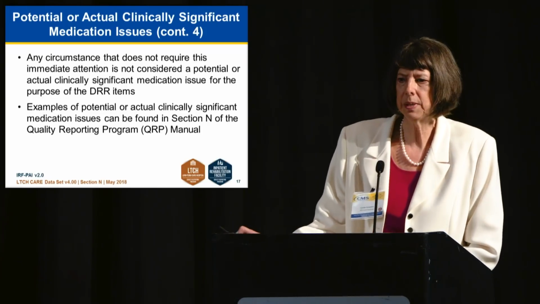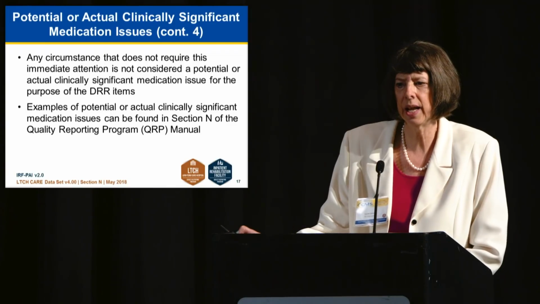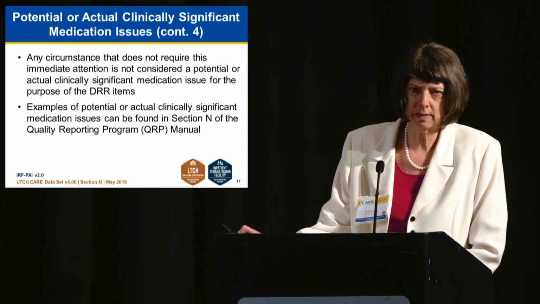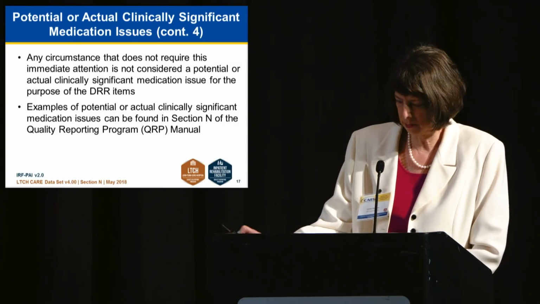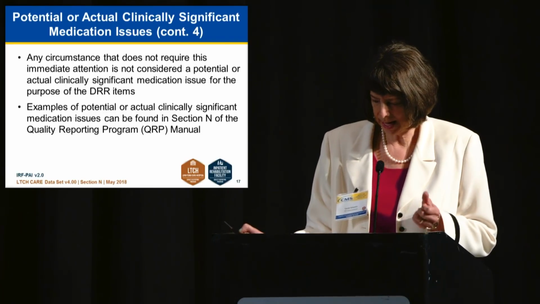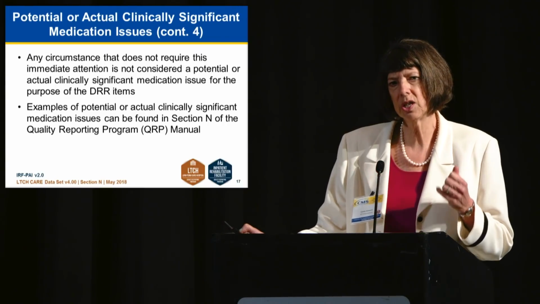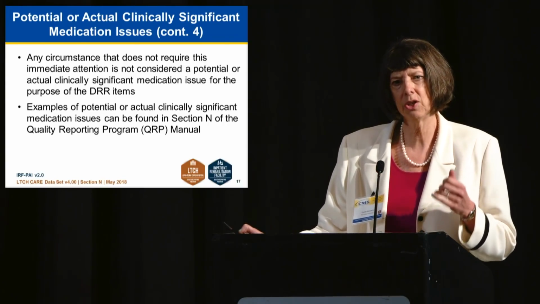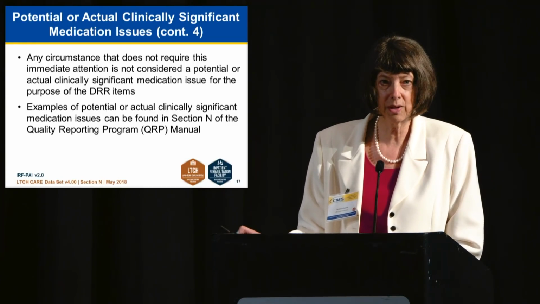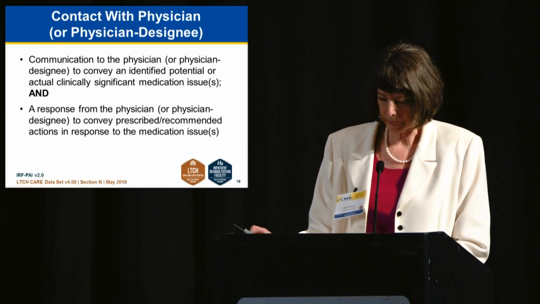Examples of potential or actually clinically significant medication issues can be found in Section N of the QRP manual, and that will be on the CMS website, so you can find more examples there. You'll be determining if very timely action is needed, and that is key as to whether this issue has reached the potential clinically significant medication issue level. We know you'd like to hear more examples, so we have written more in those manuals, so you will find more on that website.